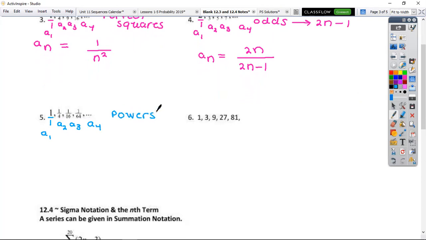So now think about how you would get these. How do I get 1 with a power of 4? 1 equals 4 to the 0. How do I get this 4? 4 to the first, and then 4 to the second would give me 16.